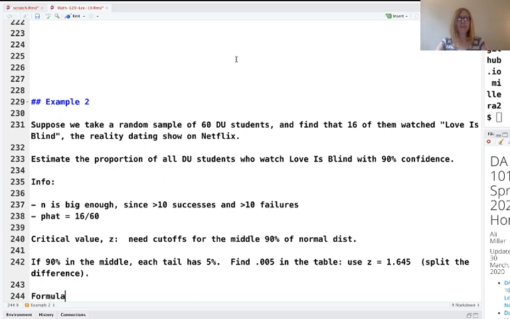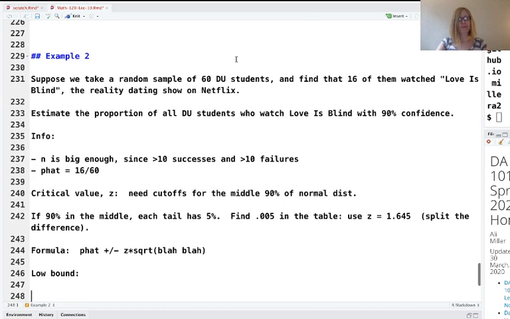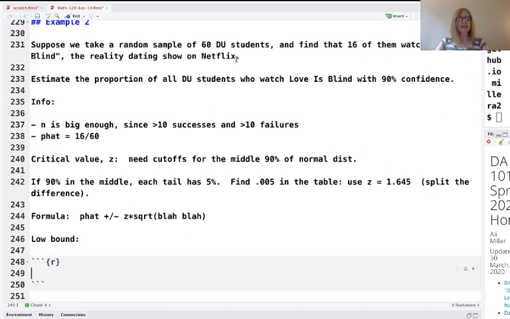Remember, our formula is p hat plus or minus z times the square root of blah blah. So let's do it. Here for the low bound, that's 16 out of 60. There's my p hat. Minus 1.645.